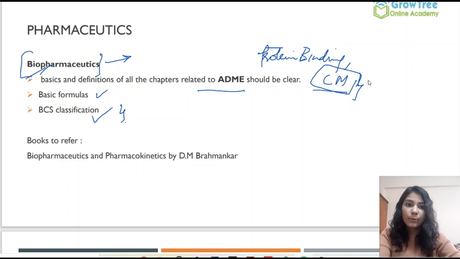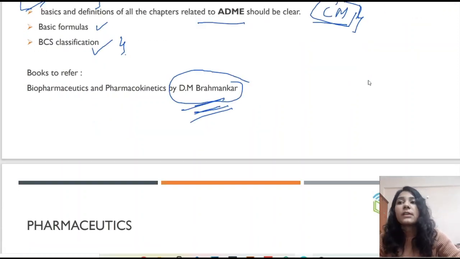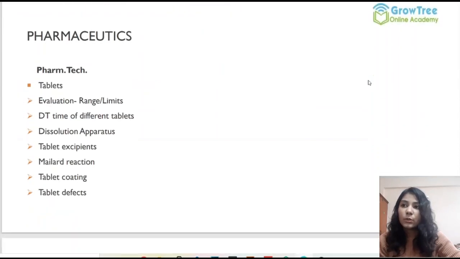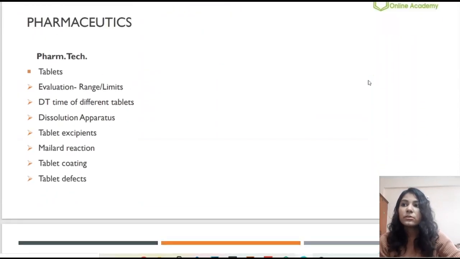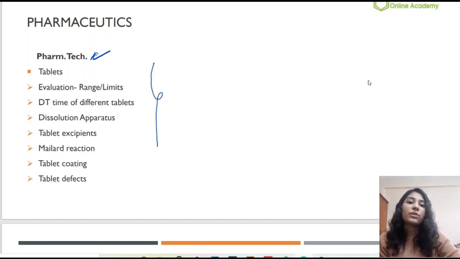Then there is another subject, which is PharmTech, and mainly the dosage forms are included in this subject. Every year questions are mainly asked from tablets, capsules, injectables, ophthalmic preparations, suppositories, and alcohols. If you are preparing at the last moment, you need to go through tablets.